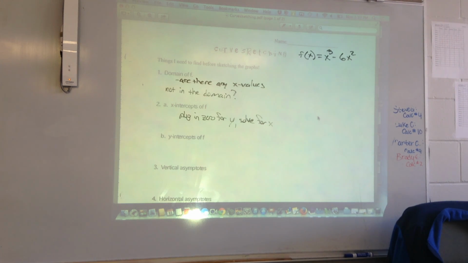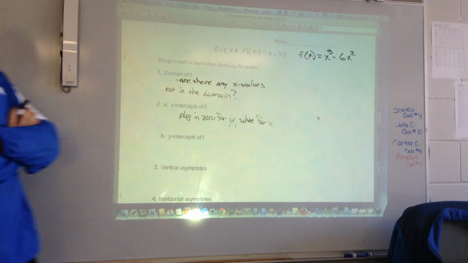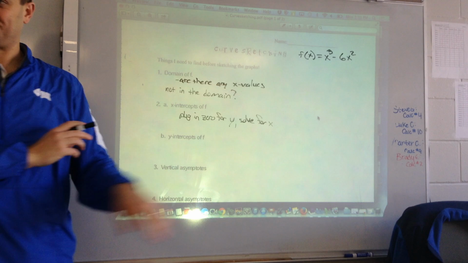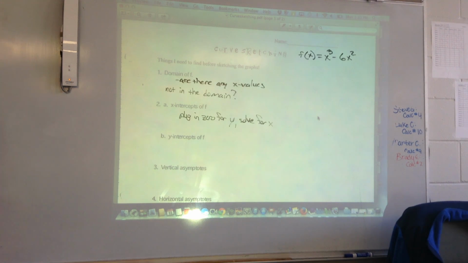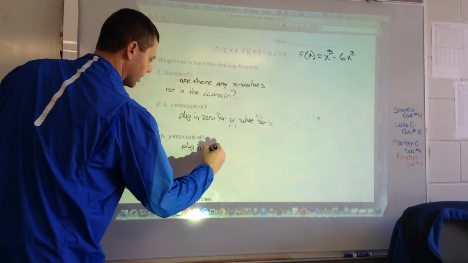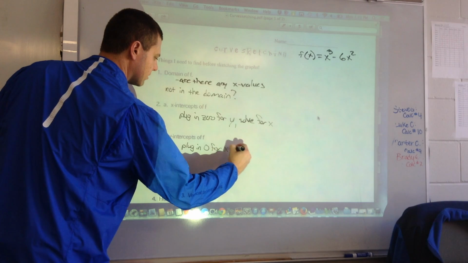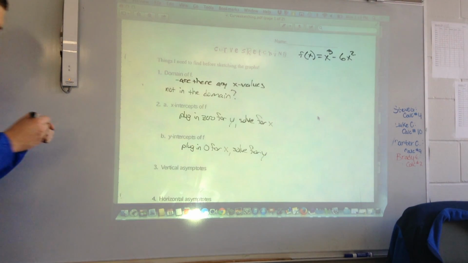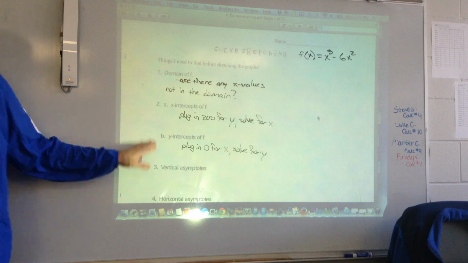Those are potentially some easy coordinates for you to find. They're not always easy. Y-intercepts usually are very easy. How do you find y-intercepts? Plug in 0 for x. Solve for y. Those are pretty simple.